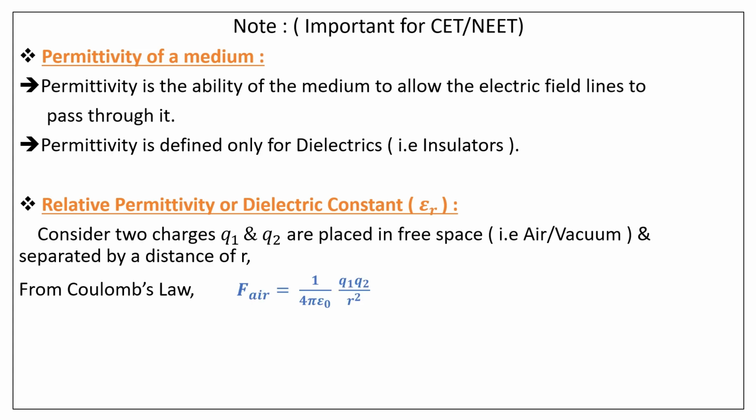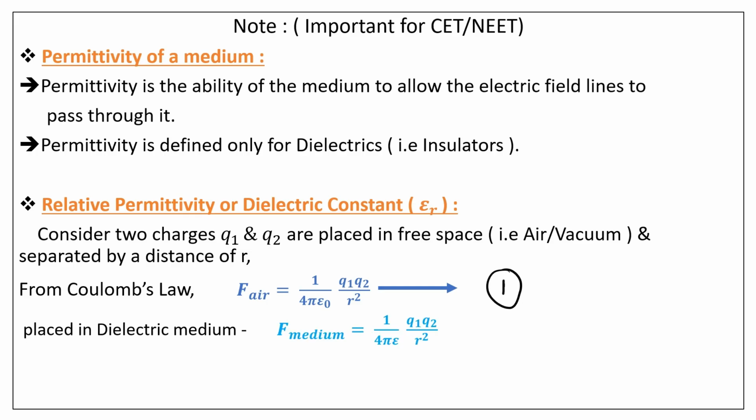Consider two charges Q1 and Q2 placed in free space, that is air or vacuum, and separated by a distance of r. From Coulomb's law, F air is equal to 1 by 4 pi epsilon naught into Q1 Q2 by r square. Equation 1. When Q1 and Q2 are placed in a dielectric medium, F medium is equal to 1 by 4 pi epsilon into Q1 Q2 by r square.